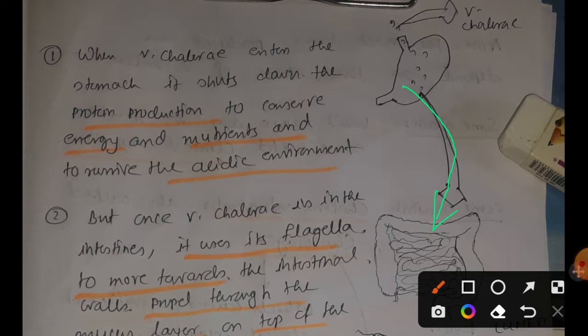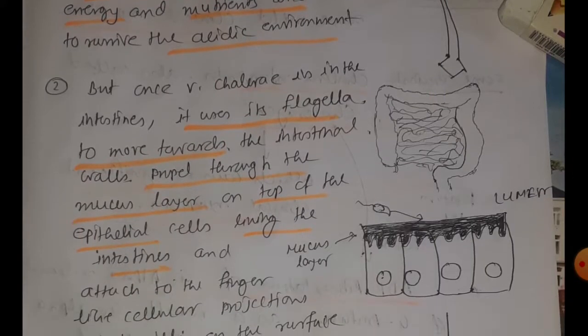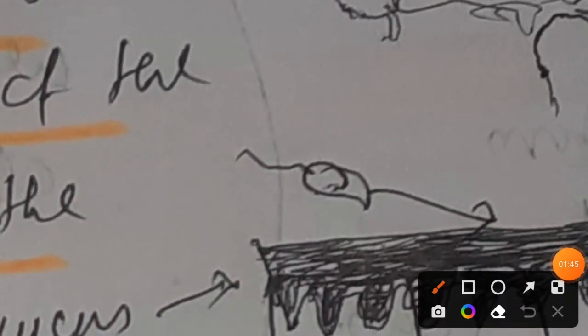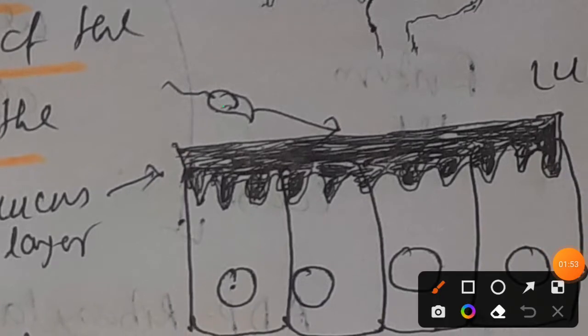In the intestine it uses its flagellum to move towards the intestinal wall, and then it will propel through the mucus layer and bind to the surface of the epithelial cell lining the intestine. Here they will attach to the villi present on the surface of the epithelial cell.